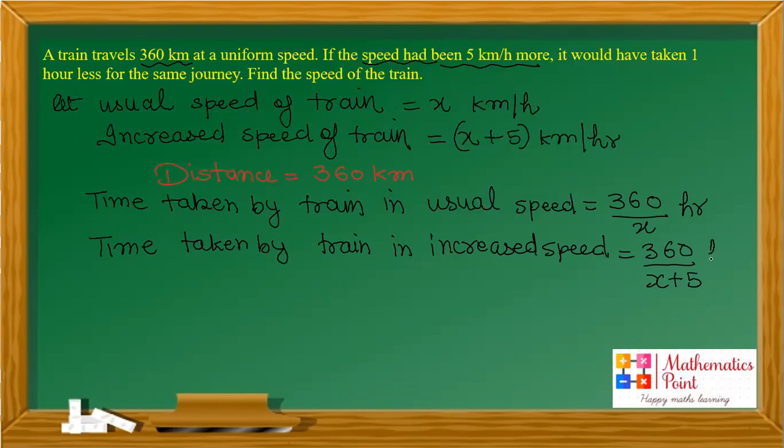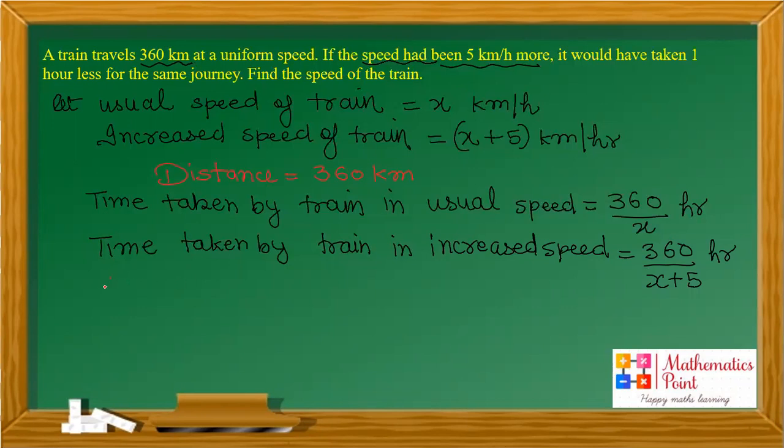Now, according to the question, it says that if the speed had been 5 km per hour more, it would have taken 1 hour less for the same journey.